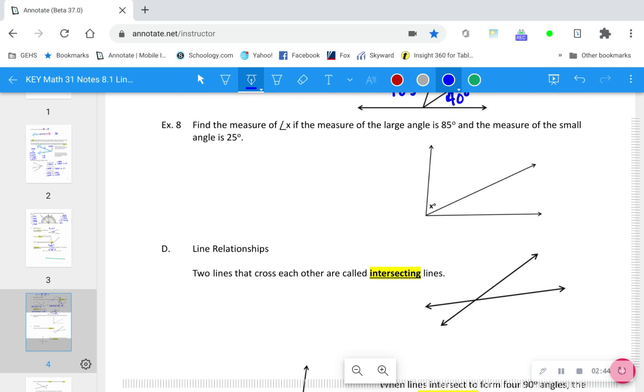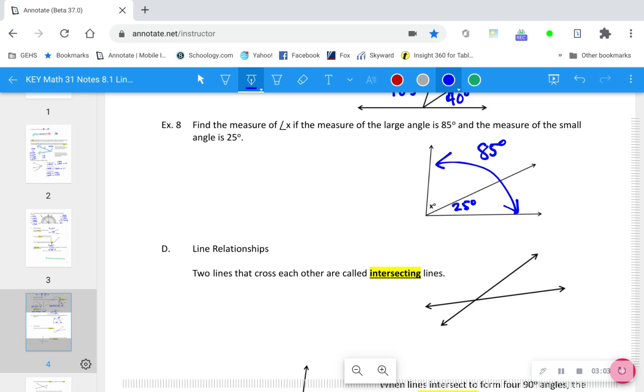Okay, we have a more practical problem here. It says that we have x degrees down in this corner, and the small angle is 25. It also tells us that this large angle that stretches from those outside rays is 85 degrees worth of opening.